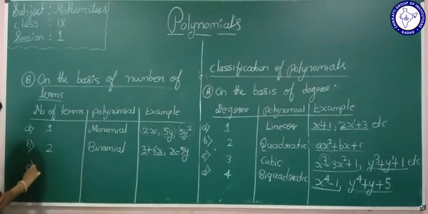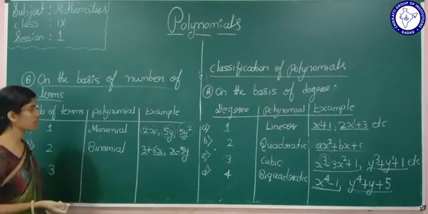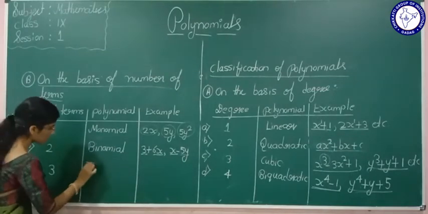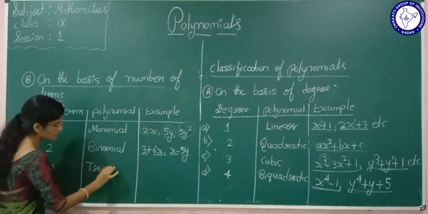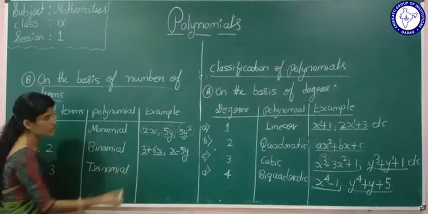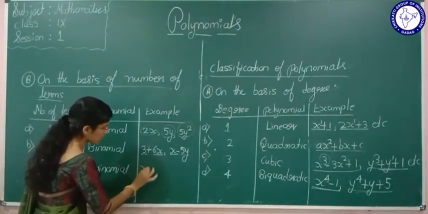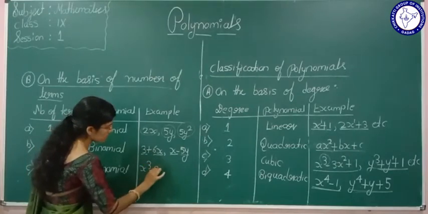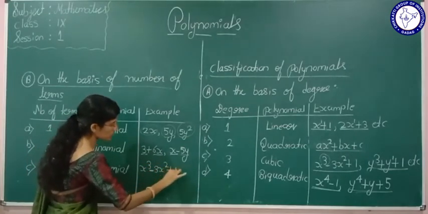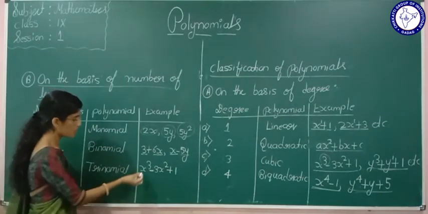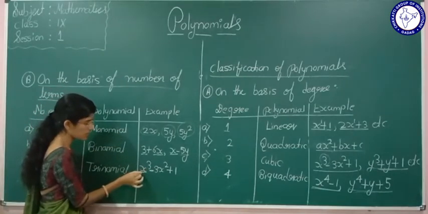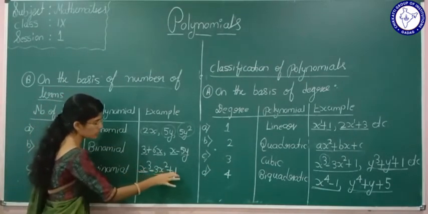So next see, if the number of terms is 3. What is the name of that polynomial? That is nothing but a trinomial. You can take example x cube minus 3x square plus 1. Now see here, how many terms are there here? Number of terms 1, 2, 3.